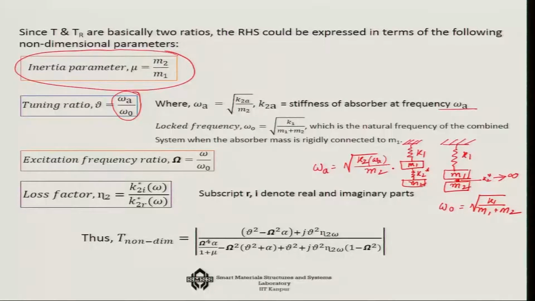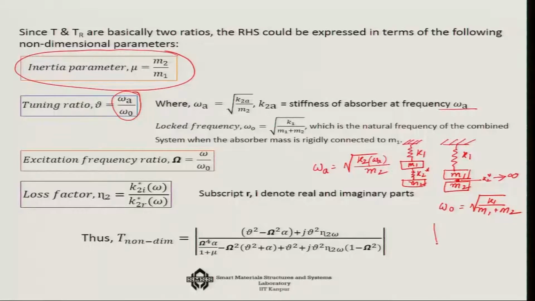Now, why do you think that omega a will vary, and why do we need k 2 a as a function of omega a? It is because, if you remember, I told you long before that for viscoelastic materials, if I plot their characteristics like omega versus their modulus of elasticity, which is reflected in terms of the stiffness, then looking at the real part of the modulus of elasticity, low frequency is equivalent to a high temperature behavior and high frequency is equivalent to a low temperature behavior.